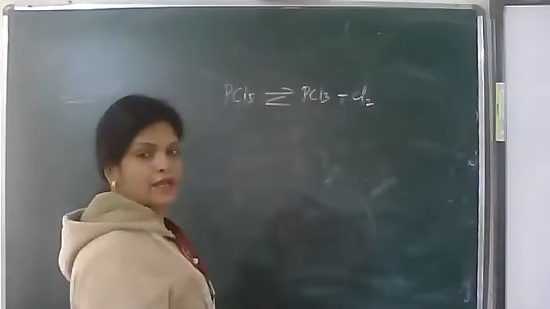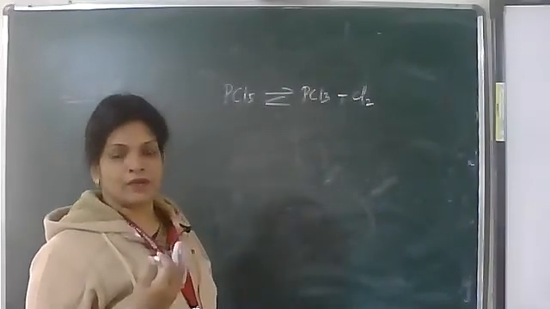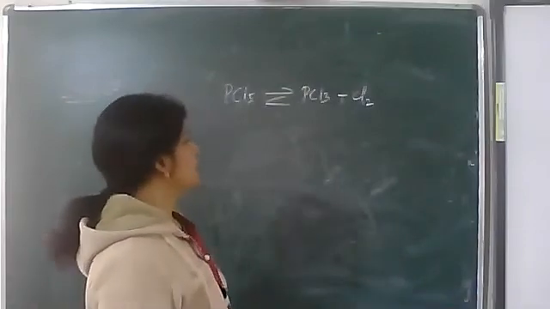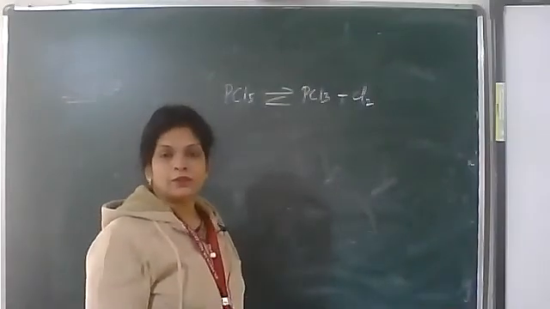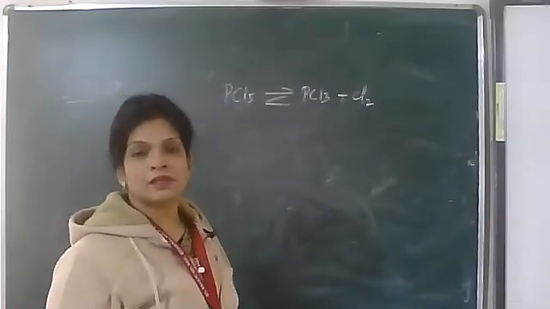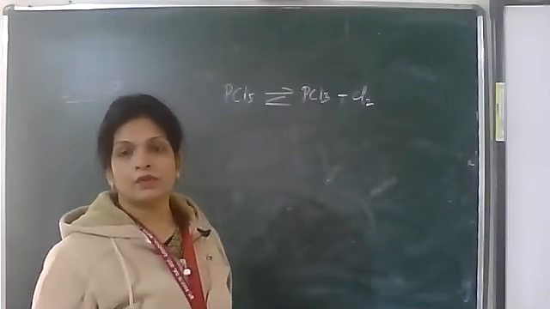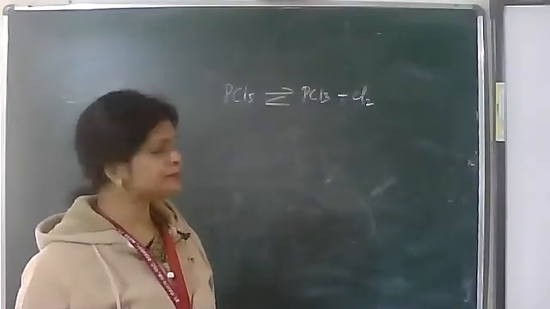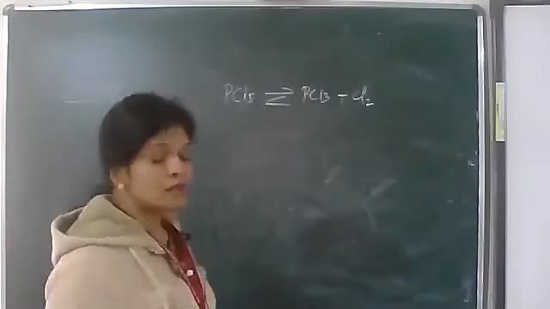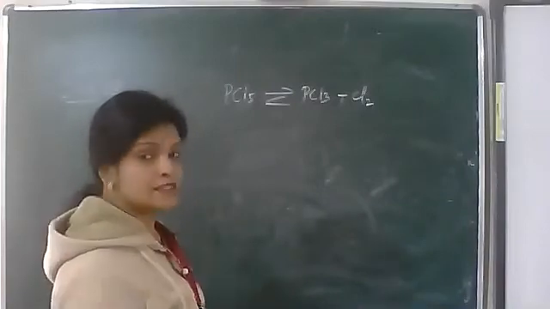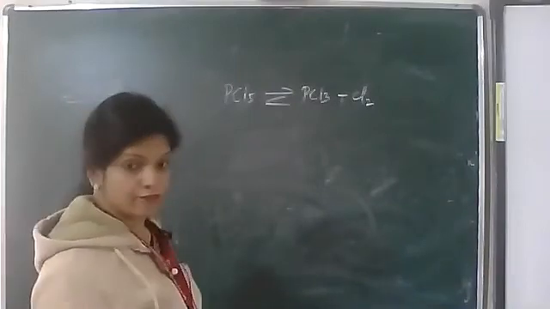We start the reaction, PCl5 amount is getting reduced, and PCl3 and Cl2 concentrations are increasing, and finally it will come to an equilibrium. At equilibrium, what are the concentrations of these three species, PCl3, Cl2, and PCl5?